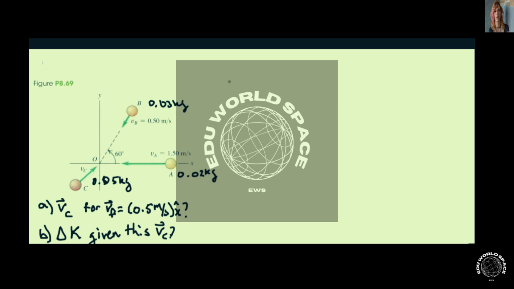So actually, let's just call the total mass large M, and then the final velocity we'll just call V, since all the other velocities are going to have subscripts on them. Save ourselves a little bit of writing.